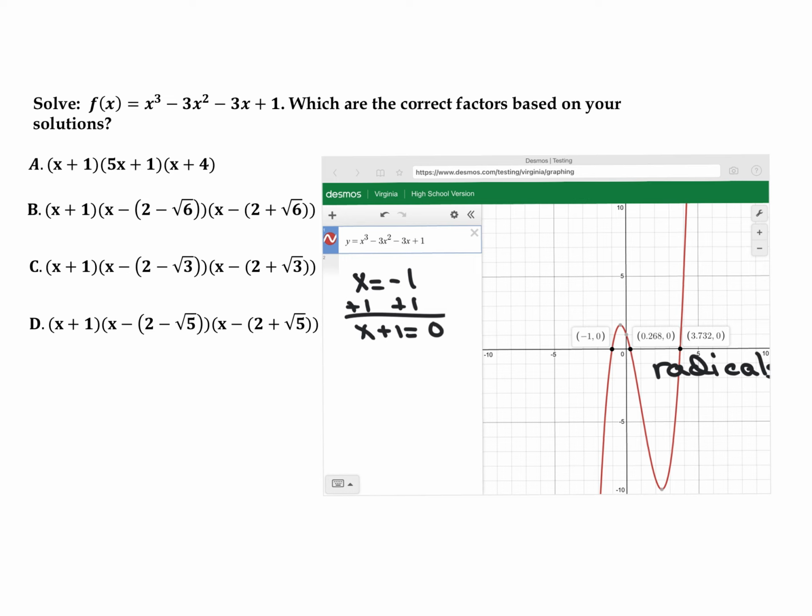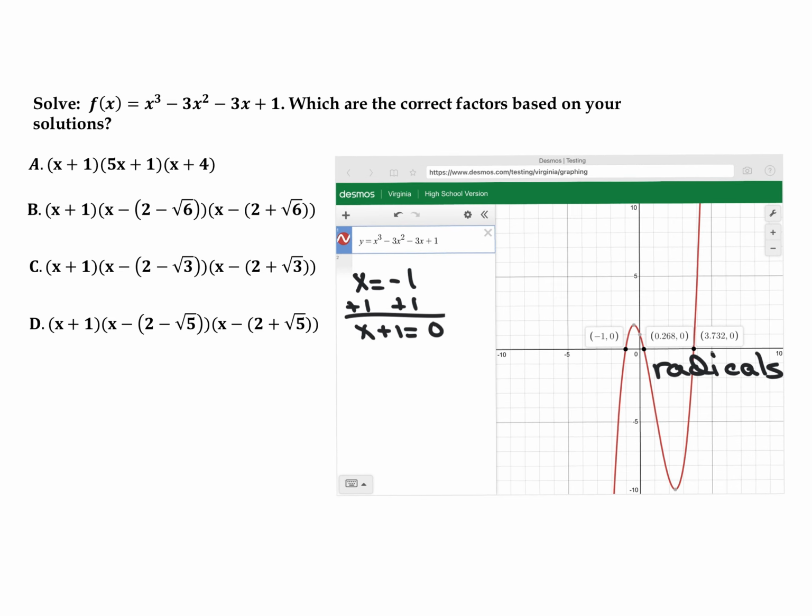So we have to determine which one of these radicals is equivalent to 0.268. So I am going to type into Desmos another box, and all I'm going to type in is the radical that is shown.